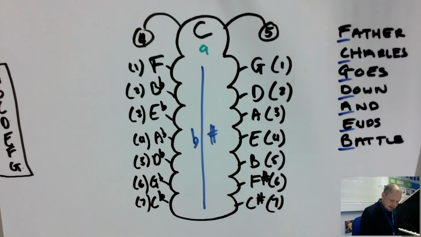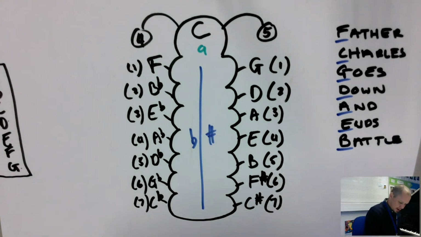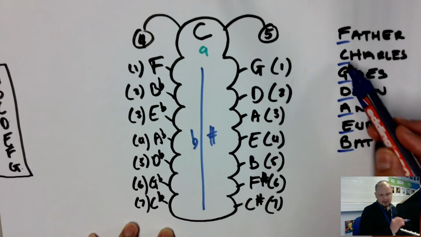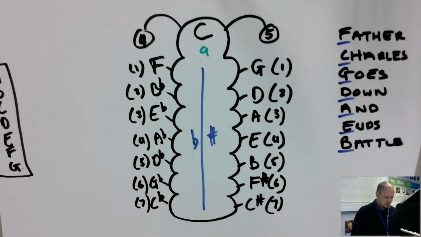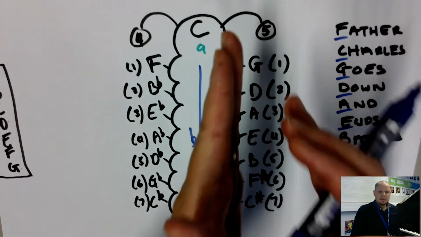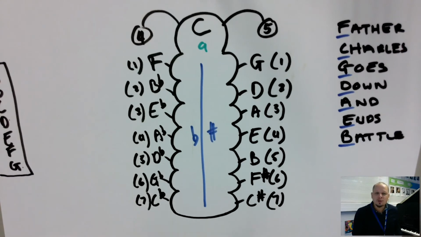If we look at B major has 5 sharps, and the sharps are F, C, G, D, and A. Father Charles goes down and. Okay, so hopefully you see how that works. So we have now the number of sharps the major key has, but also the order of those sharps and what those sharps are, which is fantastic.